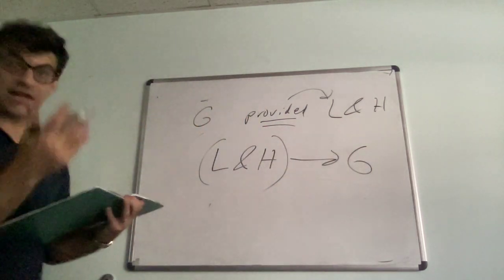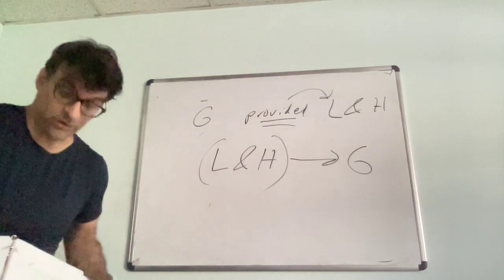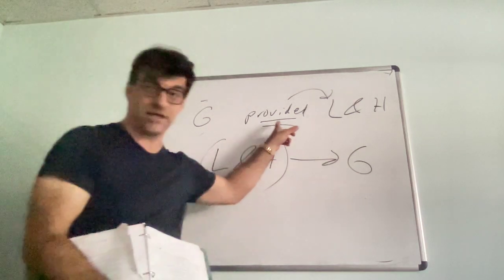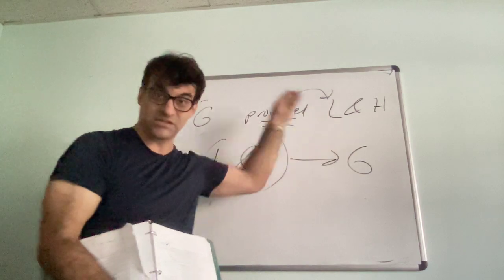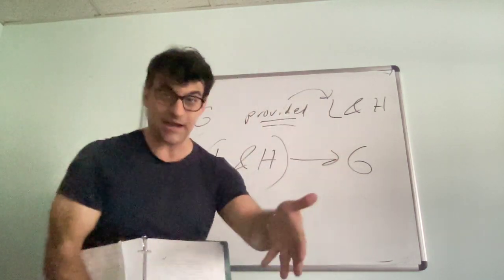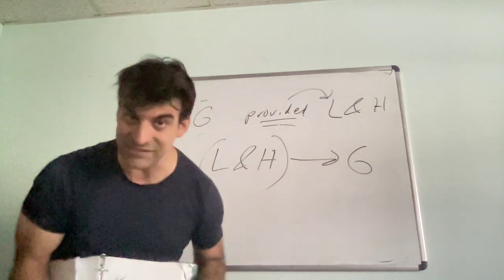Now, why did I flip the order in the sentence? Because I don't care about the word order. I care about the antecedent and consequent indicators. This is an antecedent indicator, right? You could say that same sentence and just flip the English word order: provided I pass logic and history, I graduate.